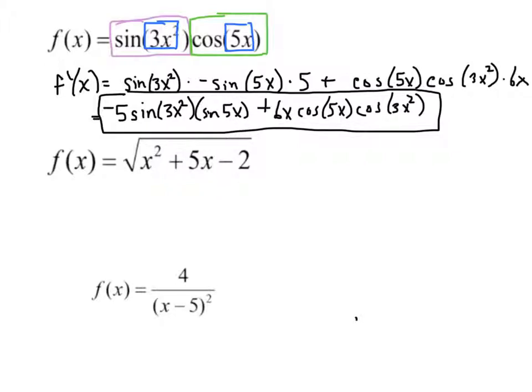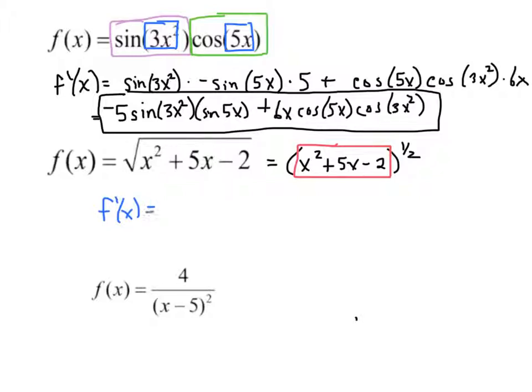All right, this next one I'm going to rewrite. I'm going to start by writing it as x squared plus 5x minus 2 to the 1/2 power. So my inside function, of course, is going to be this whole thing. So my derivative, I bring the 1/2 up front, and I drop the power to negative 1/2, right? Subtract 1. Leave the inside alone, and then multiply by the derivative of the inside.